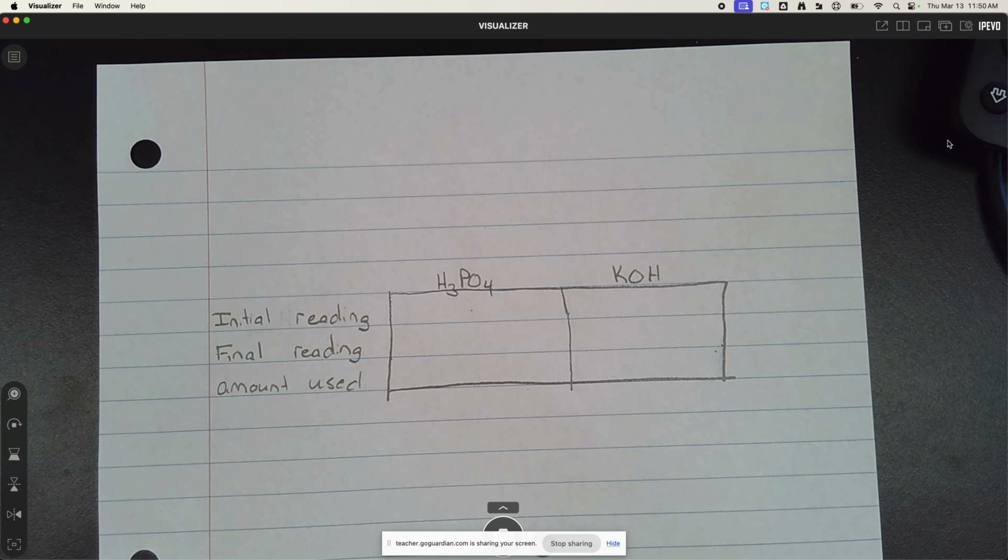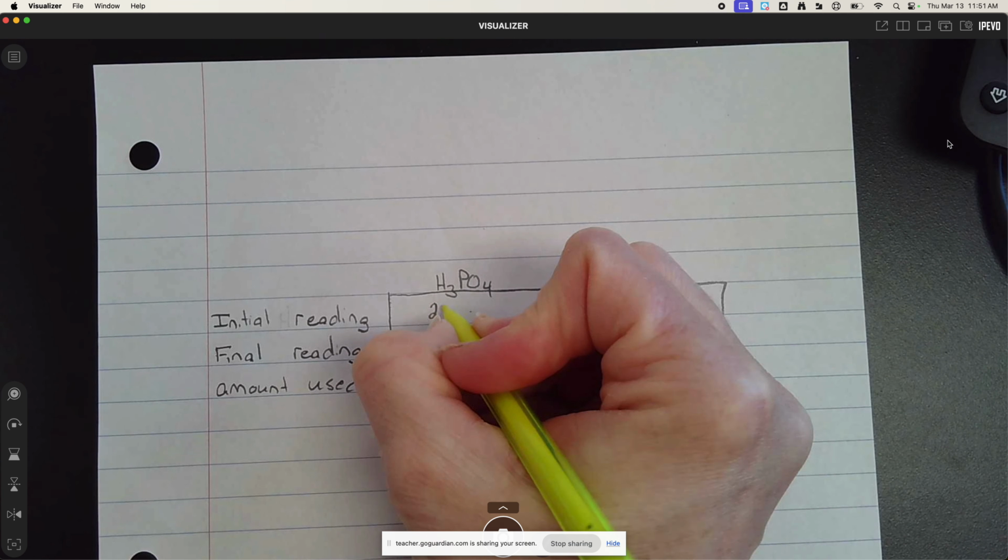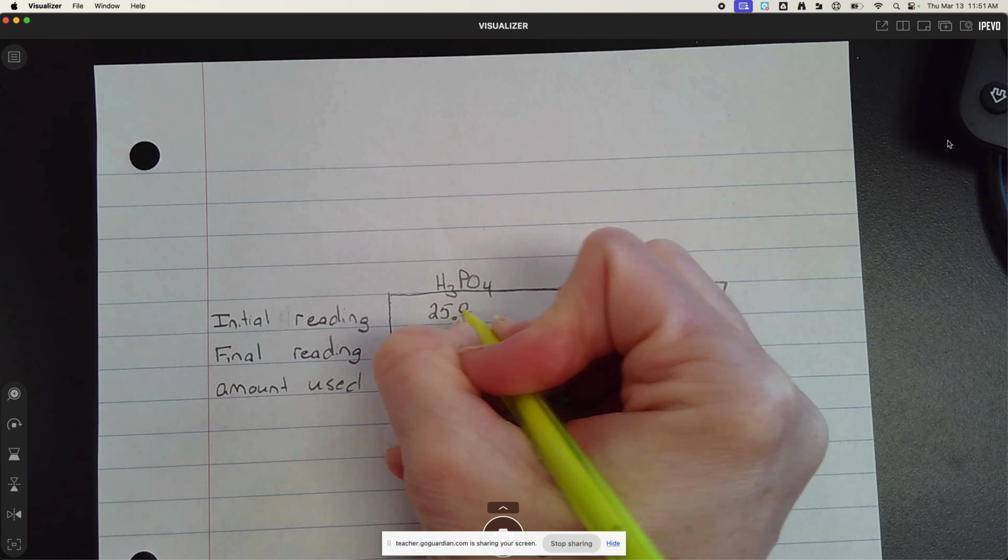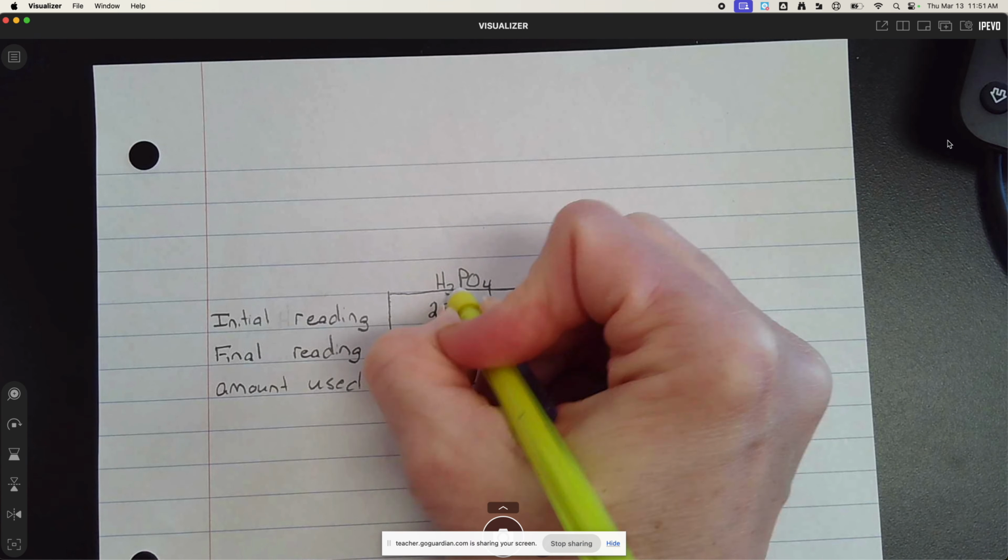So I'm going to go over here to my burettes and go after my initial readings. Remembering that our burettes are marked off to the nearest tenth of a milliliter, means I can read to the nearest hundredth of a milliliter. H3PO4 starts out at 25.49 milliliters.